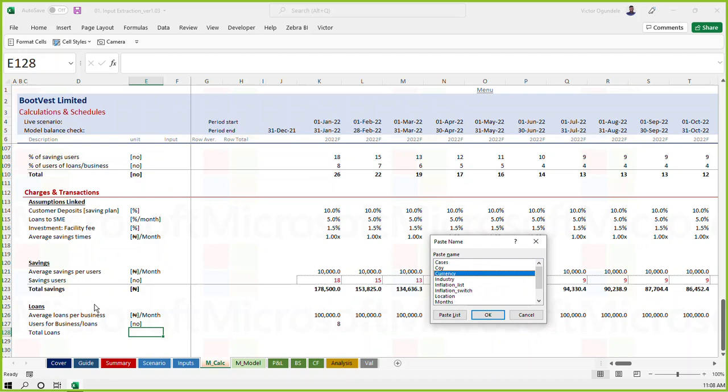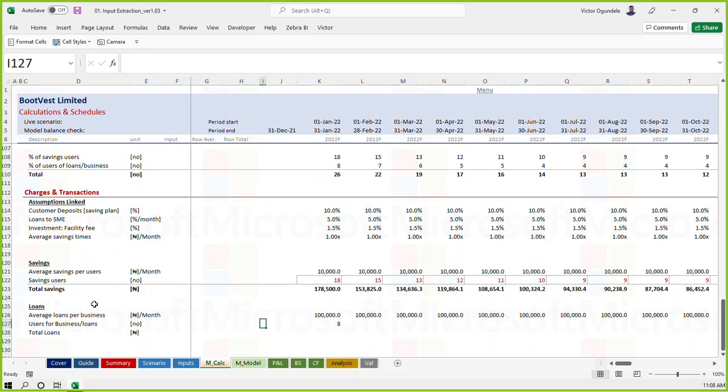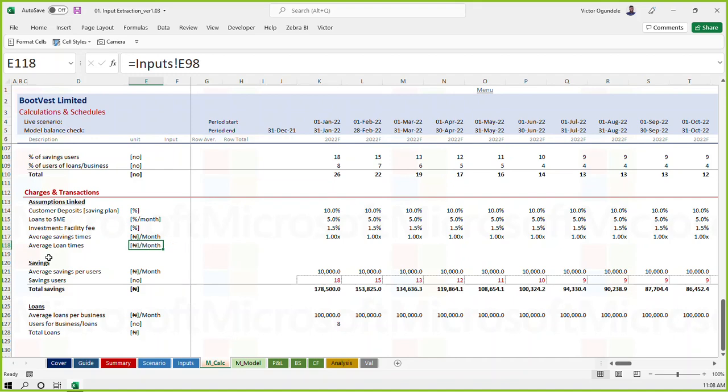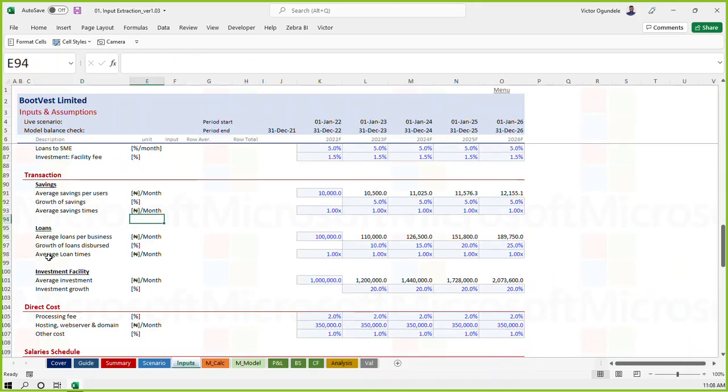Put this in our currency format. So we also need our average loan times. So let me link that and just copy that. So average loan times, this should not be naira, this should be times. So let me call this times. I used the wrong unit.